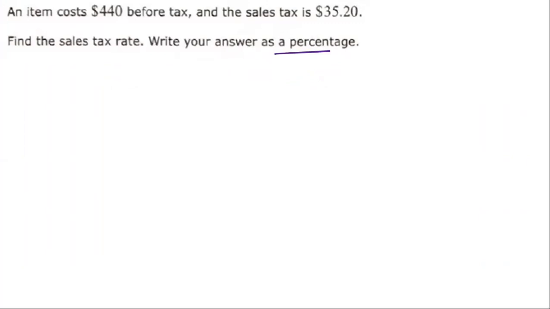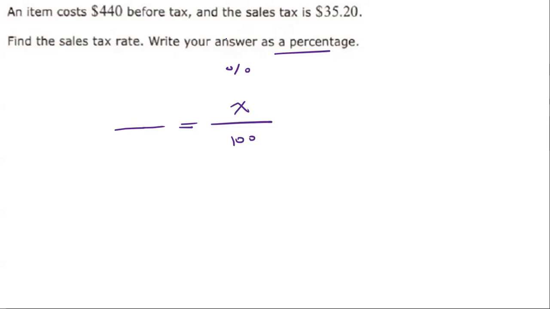So again, we have our proportion, percent out of 100. In this case, we need to find our percent. We don't know what that is, so this is going to be x. And now we need to find out what we put on top and what we put on the bottom.